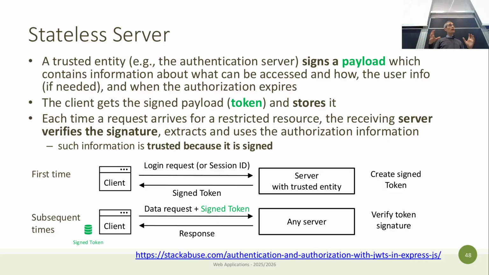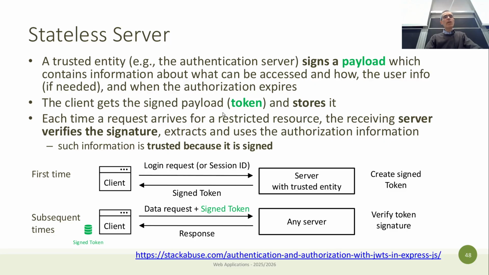And it is possible to implement a mechanism that allows you to say, I'm authorized to do something, and the server actually trusts you without establishing a session, okay? So, some trusted entity, okay, at a certain point, where I need to start from a place where things are trusted, like an authentication server, that's fine. It signs a payload, okay, which contains information about what can be accessed and how, the user info if it's needed, when the authorization expires, and so on.